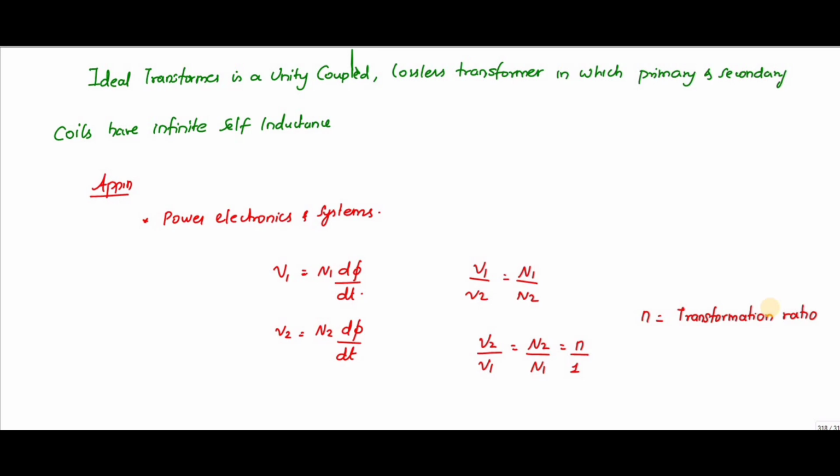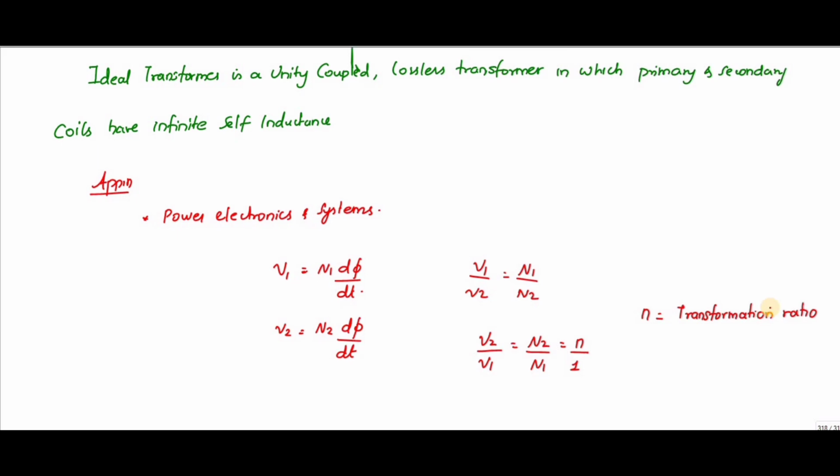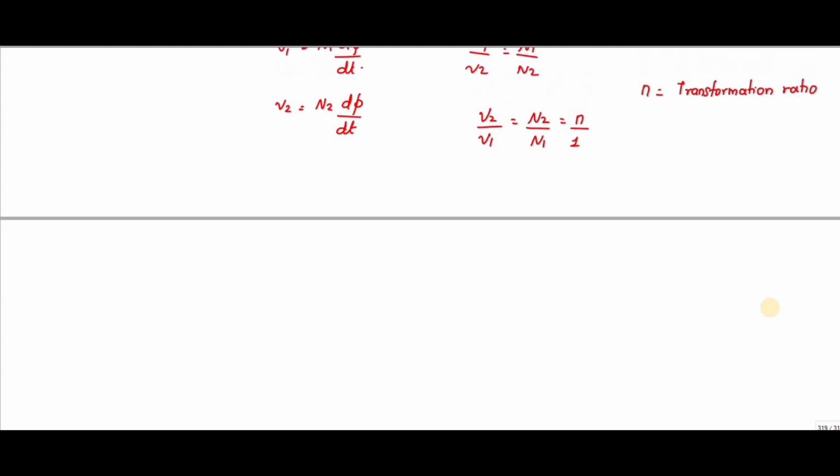According to the law of conservation of energy, I can write power consumed V1 I1 is equal to V2 I2. So I can write V2 by V1 is equal to I1 by I2, which is equal to N2 by N1, that is equal to N by 1.